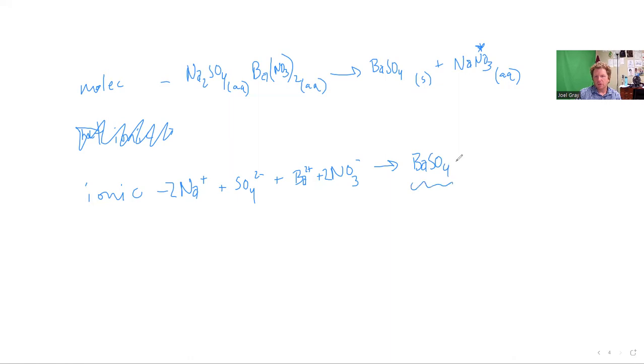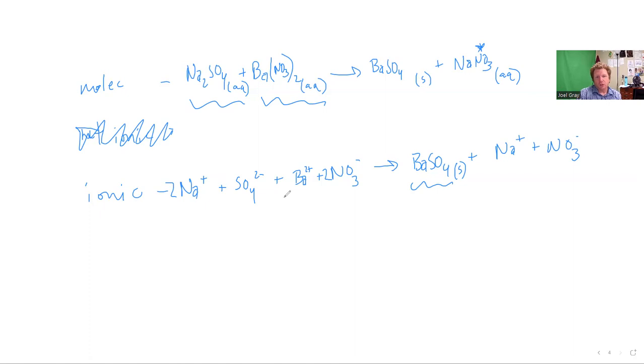Now, if it's aqueous, the ions will separate from one another. So sodium sulfate and barium nitrate are going to separate from one another. Barium sulfate stays intact because those are not ions floating in solution. Na+ and NO3-, those are going to remain as independent ions because they're still floating in that solution.